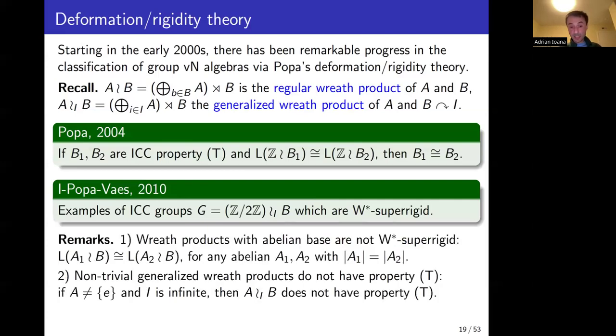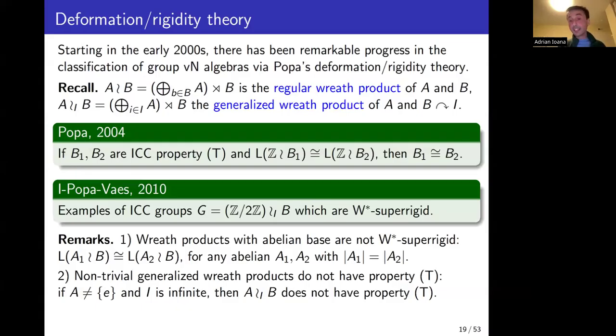What I do want to emphasize is that first, the reason we couldn't prove with Stefaan and Sorin that wreath products are W* superrigid is because this is never the case, essentially. Wreath products with abelian base, at least, are never W* superrigid. And you can see this as follows.